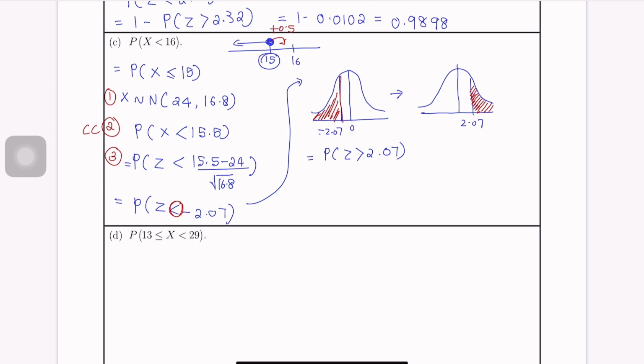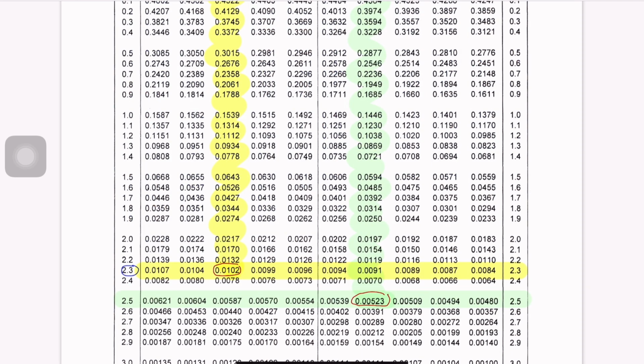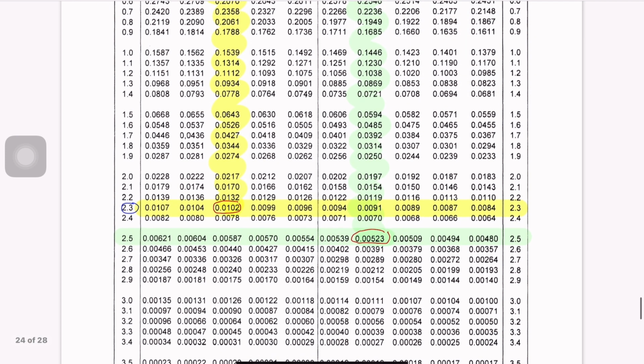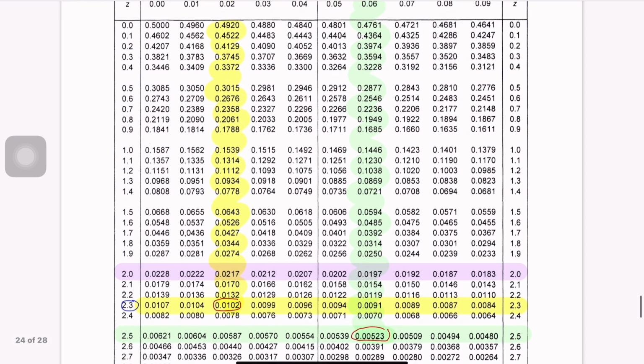And why do we need to change it to positive? Because the table only gives values greater than or greater than or equal. It's just the same for normal. Then look at the normal table, 2.07. Let's change to purple. 2.07, so where is the 7?